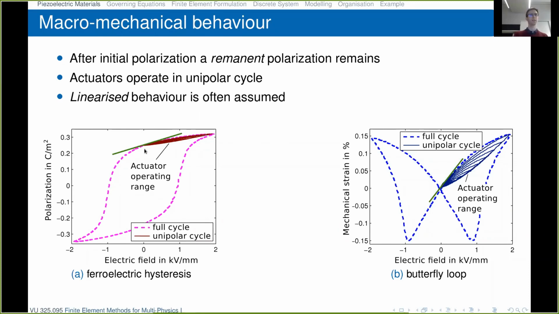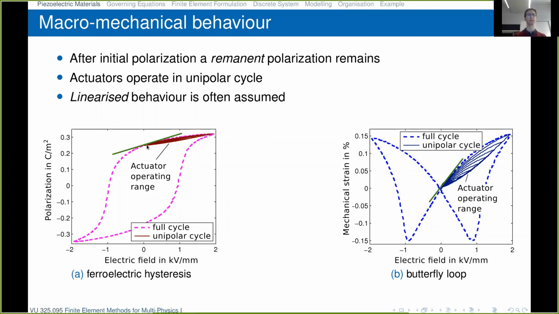You can see that when you take away the electric field, there's some remnant polarization remaining. So at the zero point of the electric field, this is typically the point where we start operating our piezo actuator in the unipolar range. We apply an electric field and take it away again, and then we traverse this unipolar cycle.